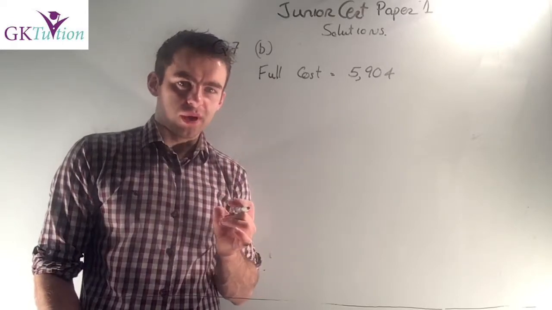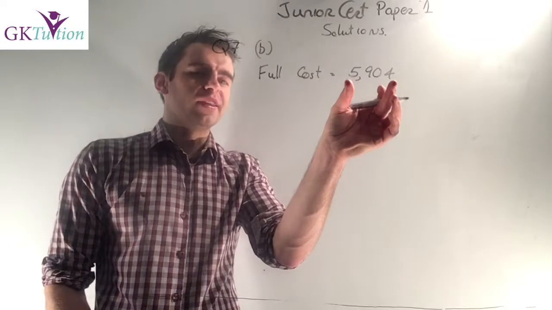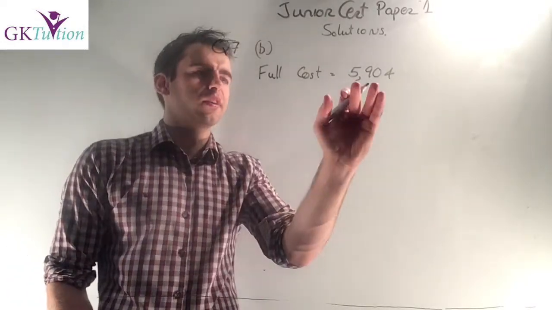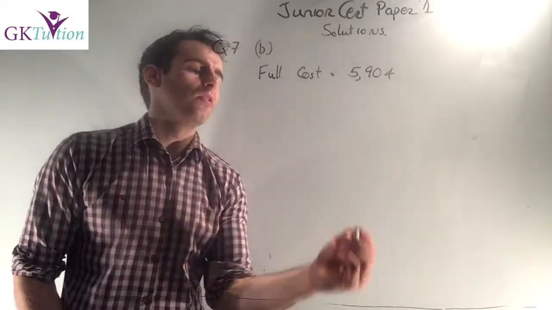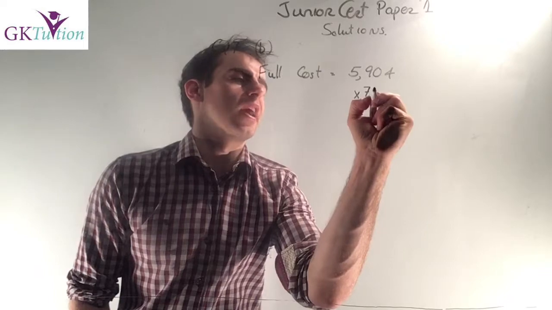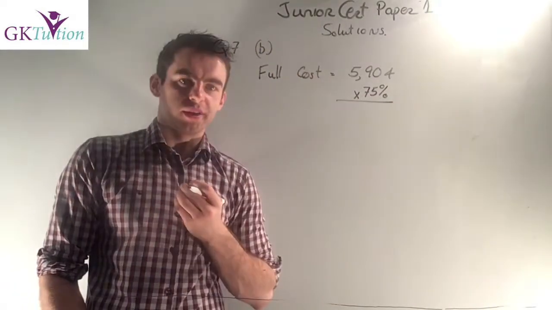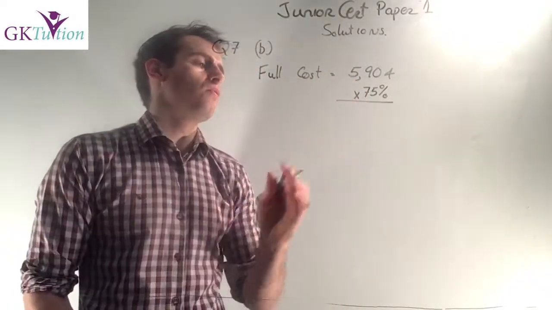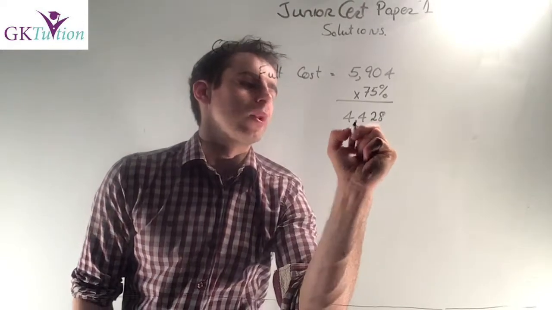If it loses 25% of its value, that means in a year's time, it will only be worth 75% of what it's worth now. So if I can just get 75% of its value today, that will tell me how much it's worth in a year. 75% of this, if I go 5,904 multiplied by 75%, I get 4,428.